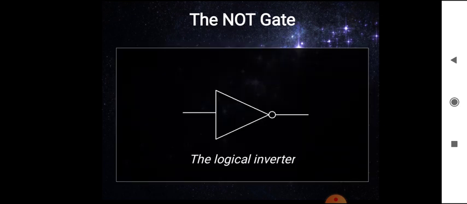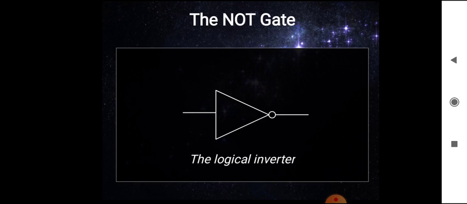Suppose I am giving input as 1, and the output I will get is 0. That means if we are giving a low signal at the input, we'll get a high signal at the output. Suppose I am giving a high signal at input, I will get a low signal at output.